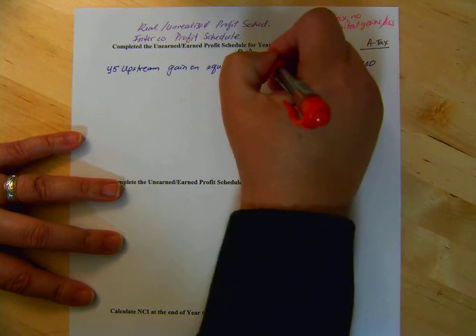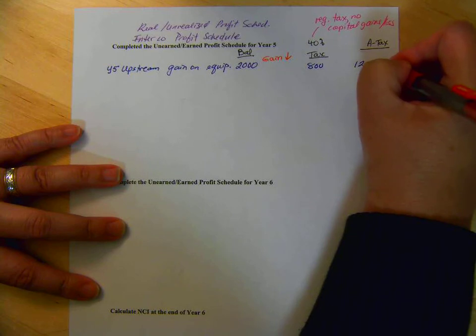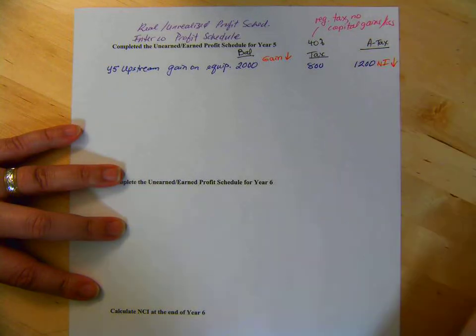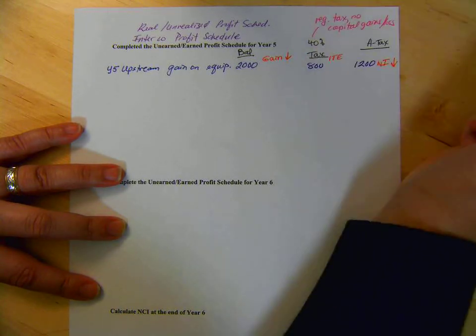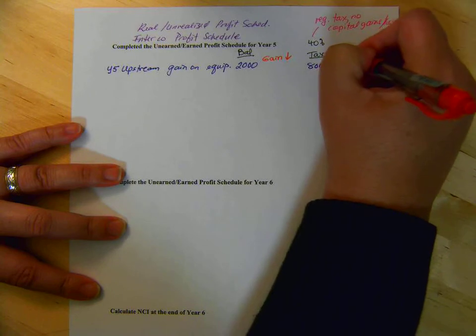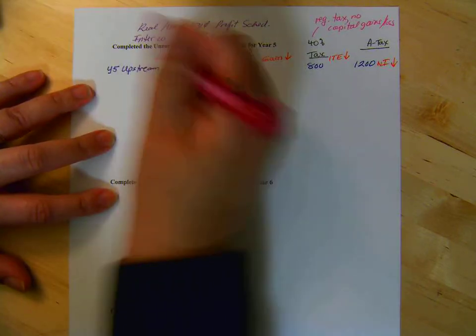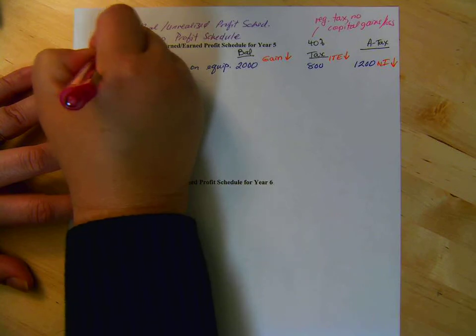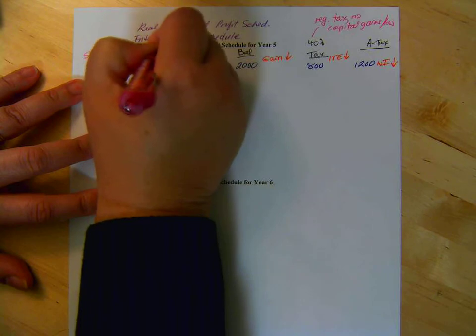So the gain, that means net income is going to go down. And if net income goes down, what happens to income tax expense? It goes down. Now, think of it this way. On the sub's books, they have a gain on the income statement, right?